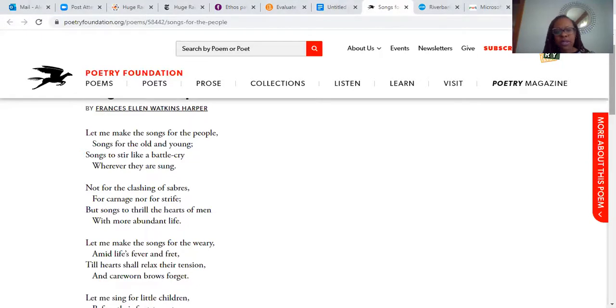And in that opening stanza, let me read. Let me make the songs for the people, songs for the old and young, songs to stir like a battle cry wherever they are sung. So she's saying songs literally, but symbolically, I am making the connection, and this may just be me, that songs are stories.